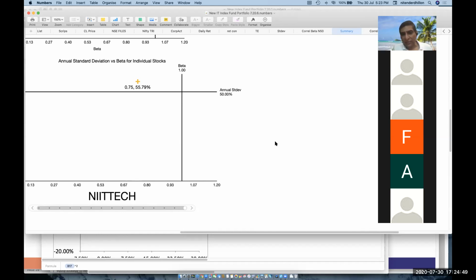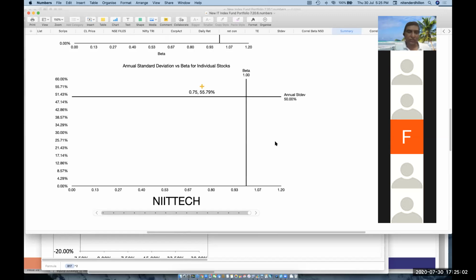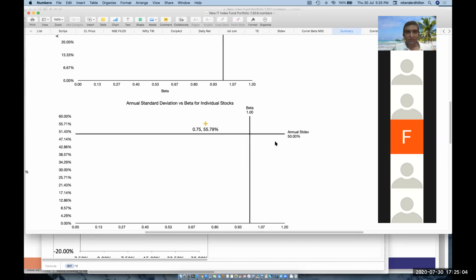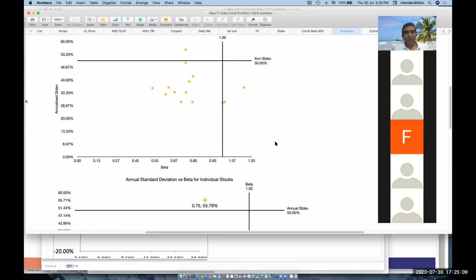Market comes down by 10%. We can expect IndusInd Bank to come down by 16.6%. Down and up. Okay.